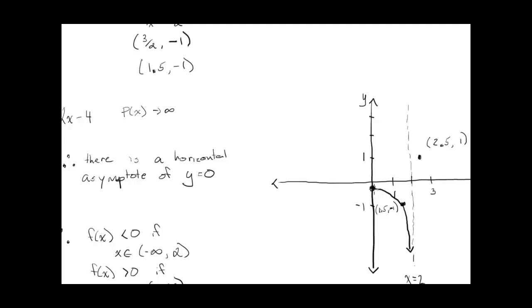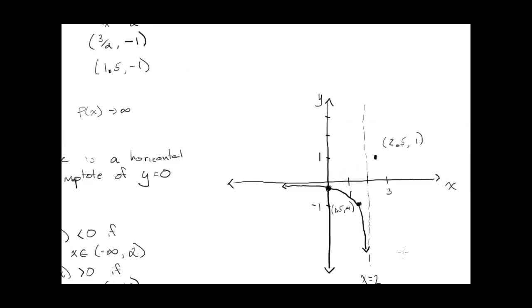And then I'm going to approach this horizontal asymptote of y equals 0. I'm never going to cross the x-axis because, 1, it's a horizontal asymptote, and 2, I know that f at x is always less than 0. Now for this side, I know that f at x was positive for values bigger than 2, so it's always going to be above the x-axis.